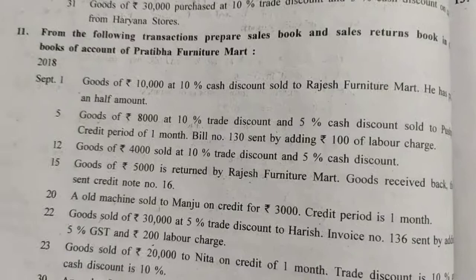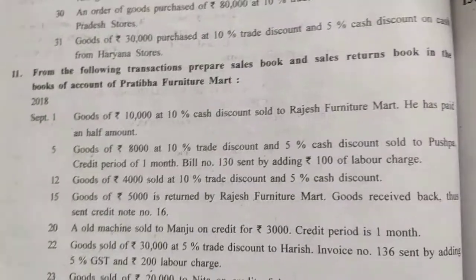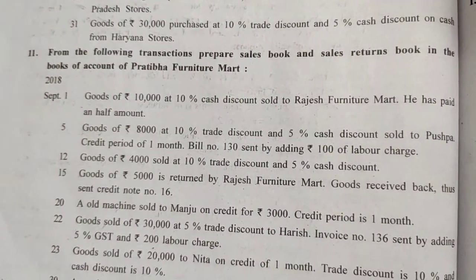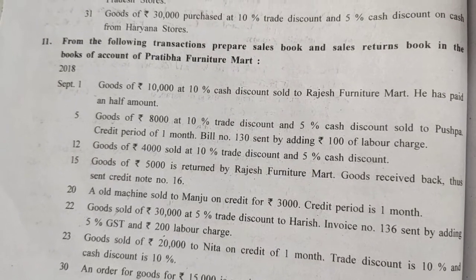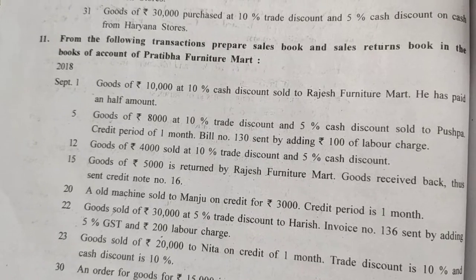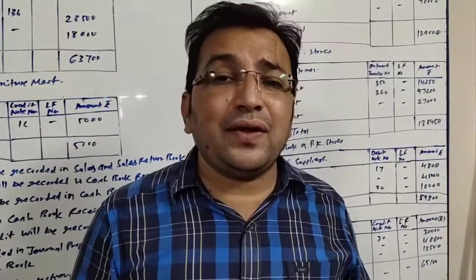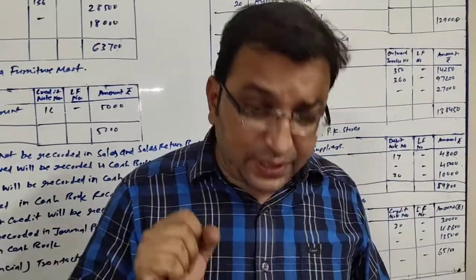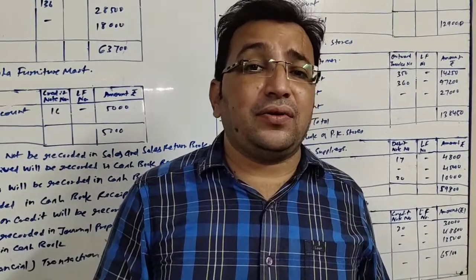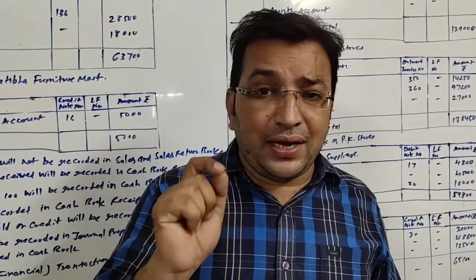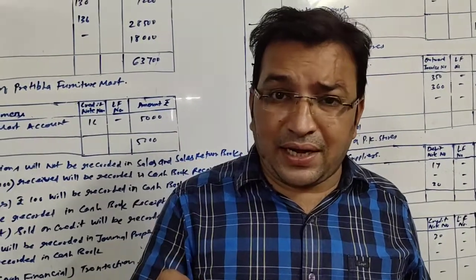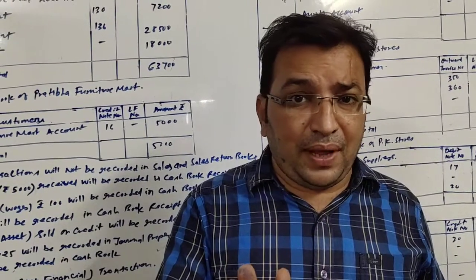Transaction number 1, 2018 September 1. Goods of rupees 10,000 at 10% cash discount sold to Rajesh Furniture Mart. He has paid half the amount. So be careful while applying cash discount. Here it is cash discount and the transaction is credit, so cash discount will not be applicable.